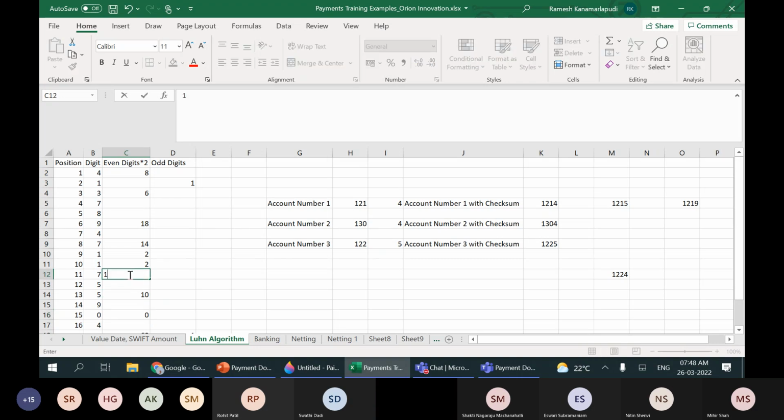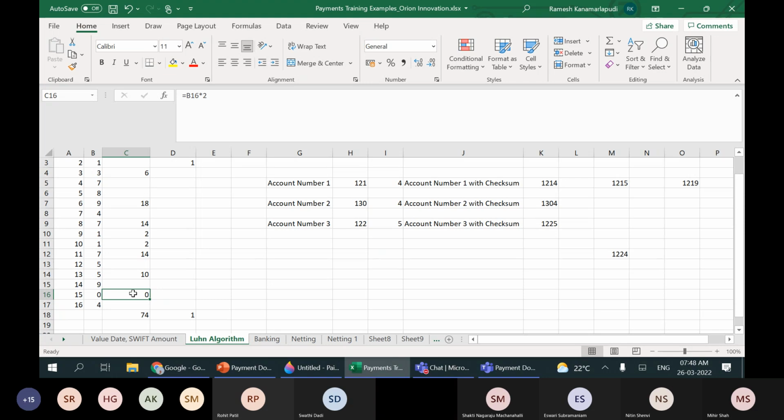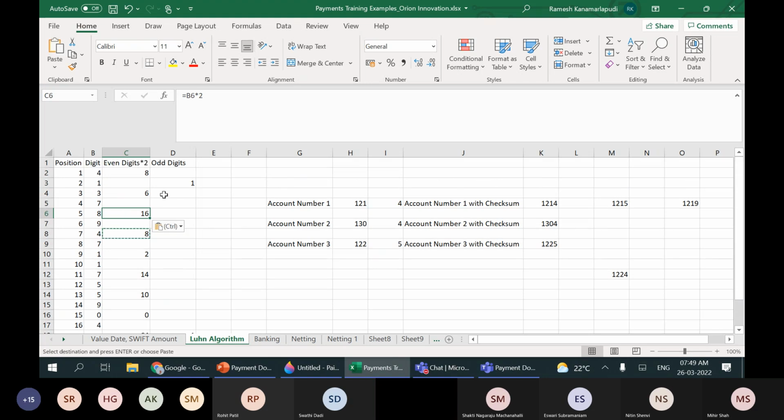Let me do it manually. The second digit from the last, so effectively the 15th digit will get multiplied by 2, then the 13th digit, 11th digit, the 9th digit, and 7th digit, then the third digit and the first digit.